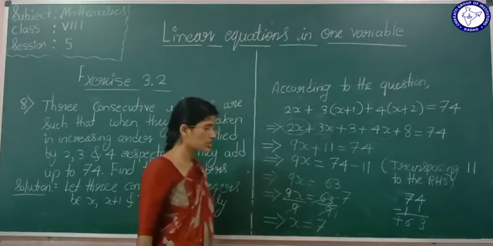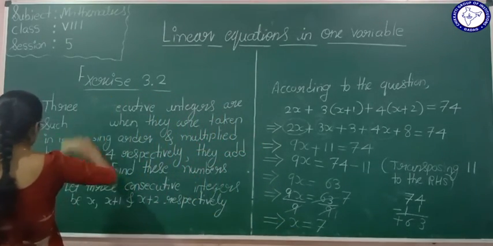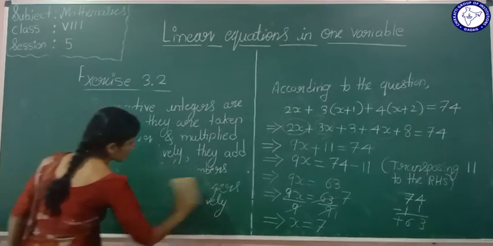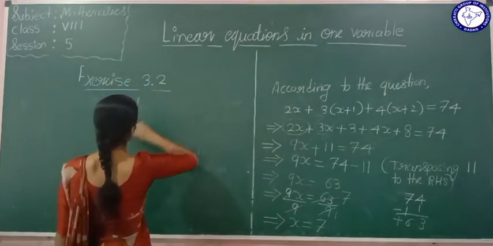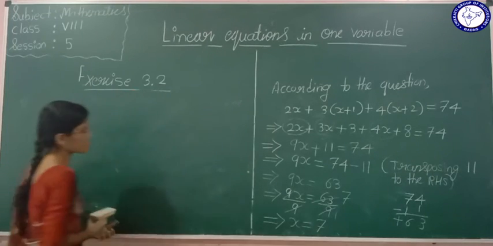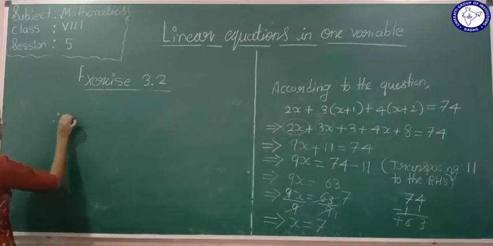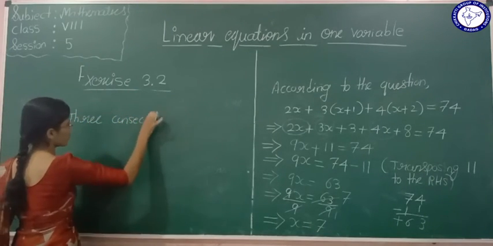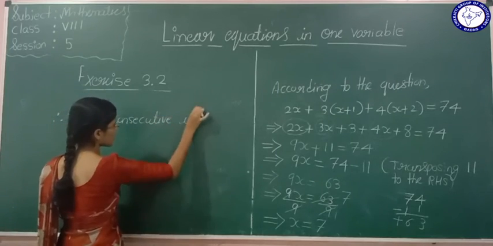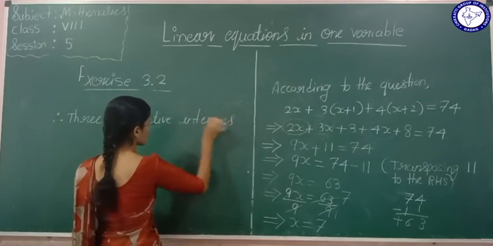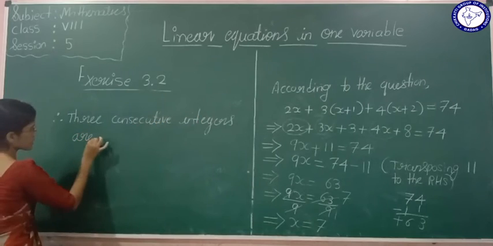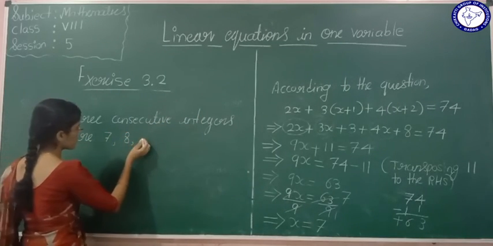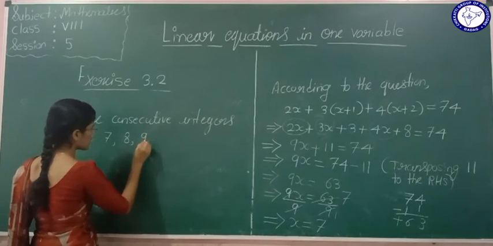We will do verification also for this. What we will write here? Therefore, the 3 consecutive integers are, which are those? 7, x plus 1, 7 plus 1 is 8, x plus 2, 7 plus 2 is 9.